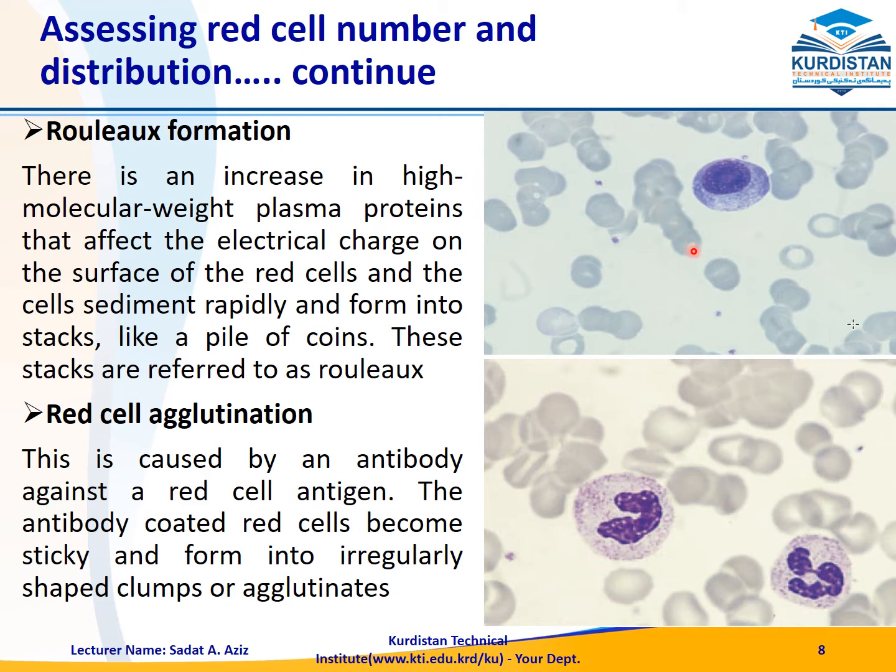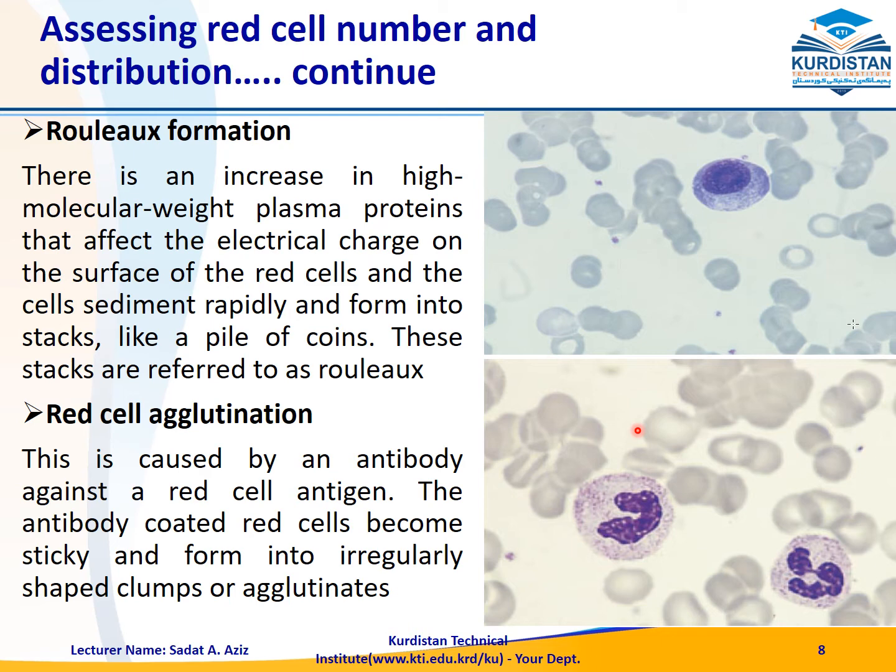So if you have a look at this slide, we have a pile of red blood cells, just like a pile of coins. So the cells are piled and stacked together. If you see a blood film like this, you can define it as rouleaux formation.